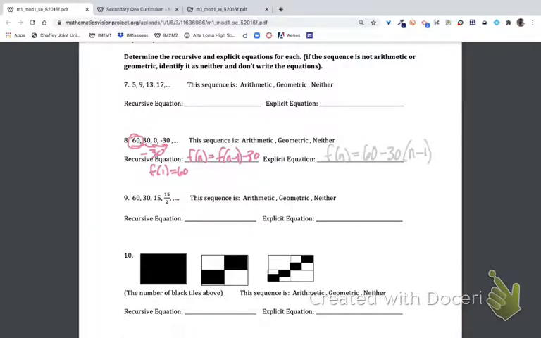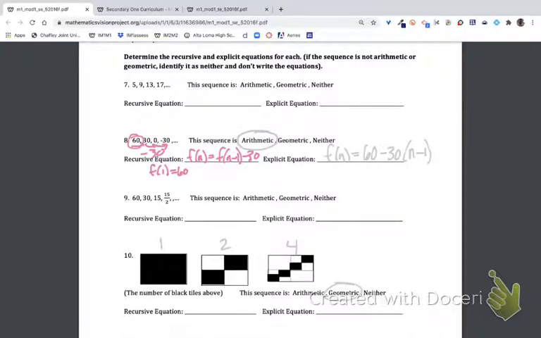For number 10, number of black tiles above, you can say that there's one tile, there are 2 tiles, there are 4 tiles. Number 8 was an arithmetic sequence, but for number 10, as this is going, we are continuing to double the amount of black tiles, which means that this is going to be a geometric sequence.